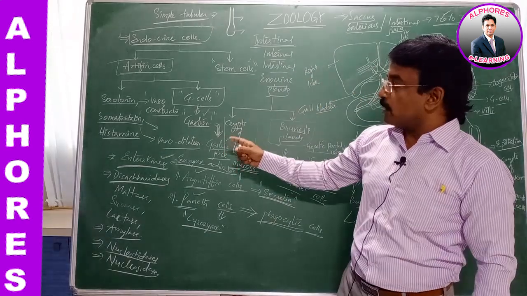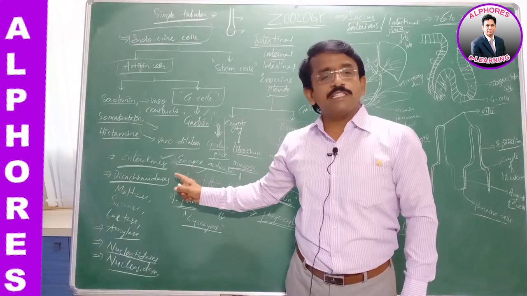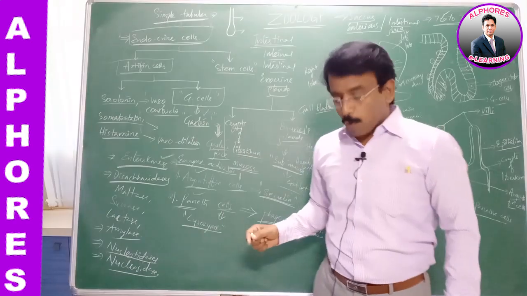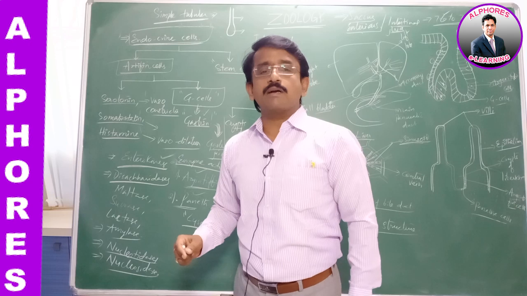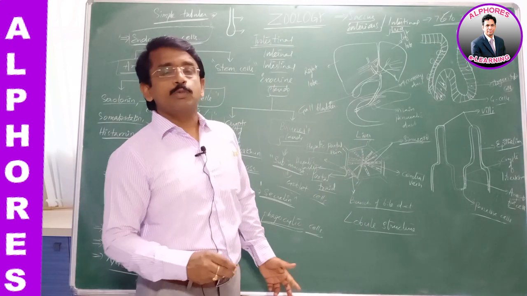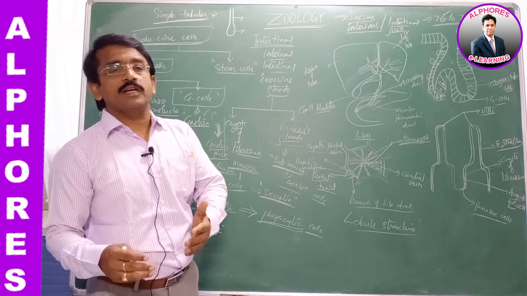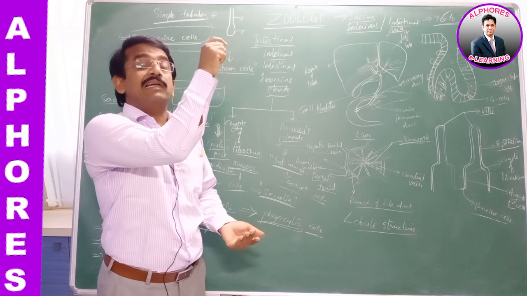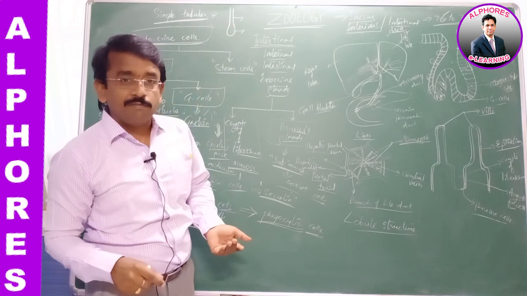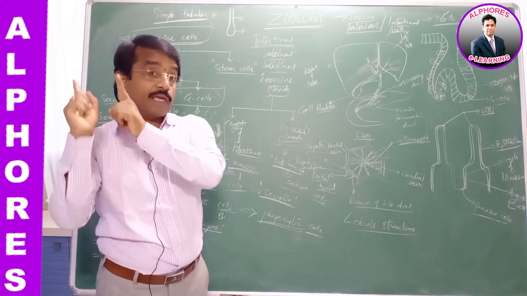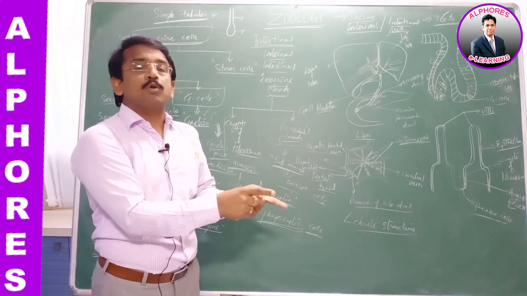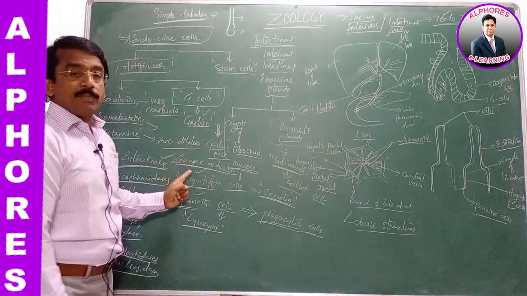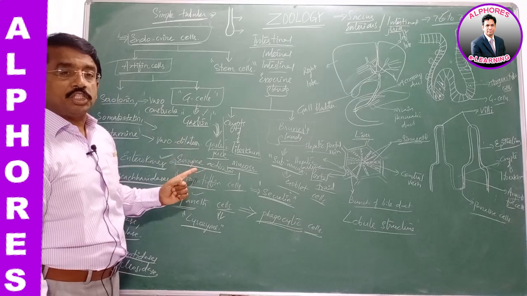In the same manner, enterokinase is an enzyme activator in alkaline medium, which acts upon trypsinogen and chymotrypsinogen and converts them into trypsin and chymotrypsin. Wherever it is trypsinogen or pepsinogen, it is inactive. So pepsinogen into pepsin by HCl, and trypsinogen into trypsin by enterokinase. So we consider it an enzyme activator under alkaline condition.